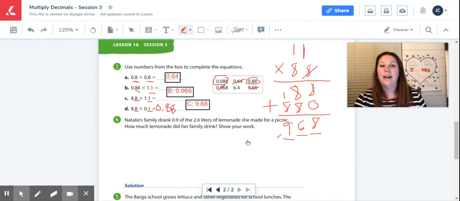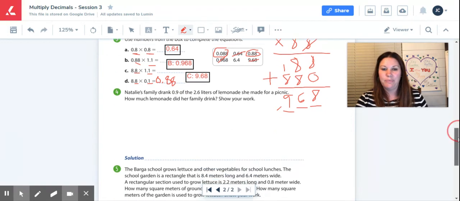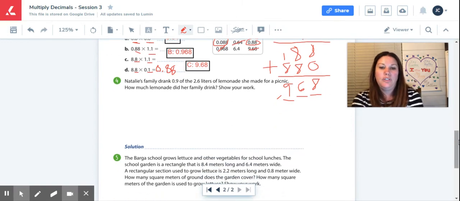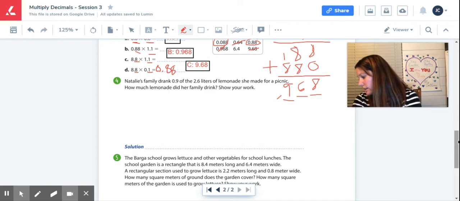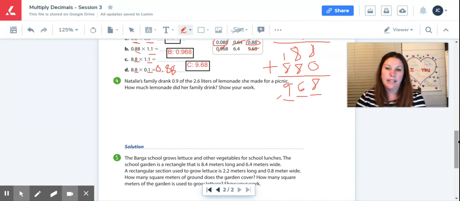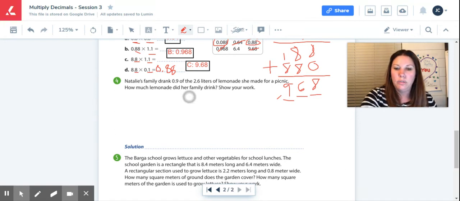Okay, number 4. Natalie's family drank 9/10 of the 2 6/10 liters of lemonade she made for a picnic. How much lemonade did her family drink? So if we're going to multiply 2 and 6/10 times 9/10 here, let's go ahead and do that.